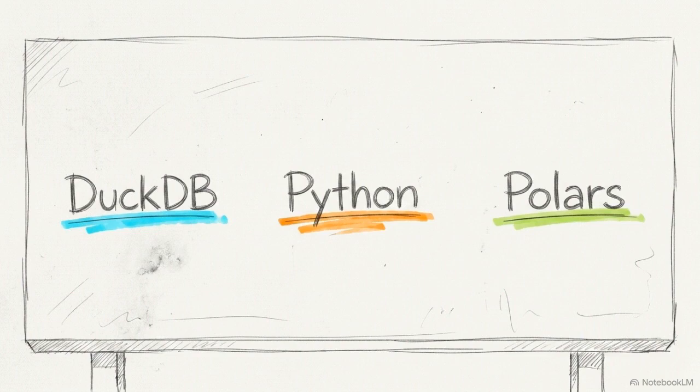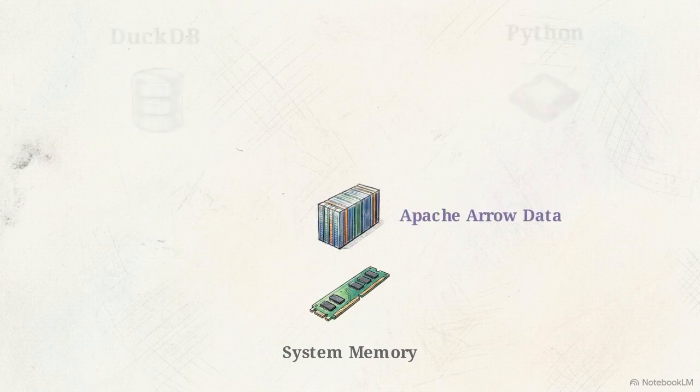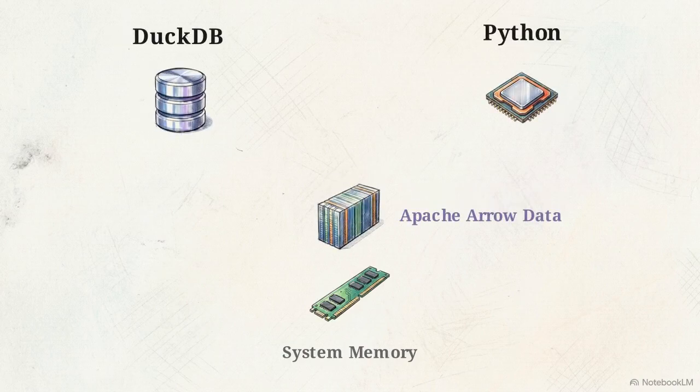Once the data is processed, it still needs to be handed off to other local tools like Python or Polars. In traditional pipelines, serializing and deserializing this data creates massive bottlenecks. The solution is zero-copy data transfer, which integrates natively with Apache Arrow. This visualization shows a single block of Arrow-formatted data in memory. Instead of duplicating the block, both DuckDB and Python reference the exact same memory location via pointers.